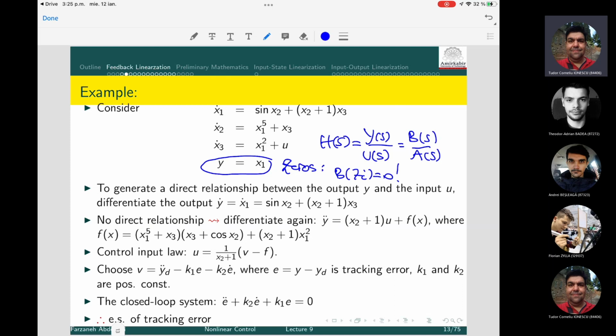But what does this actually mean? This means that y(zi) is b(zi) u(zi) over a(zi). What is the value of this function?